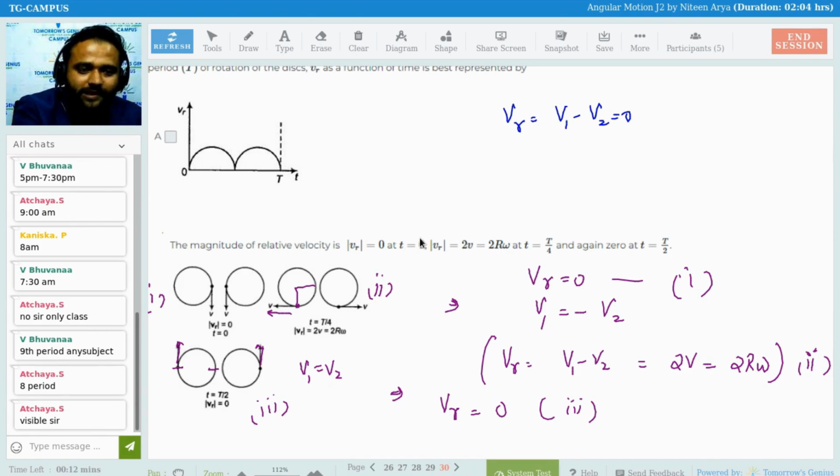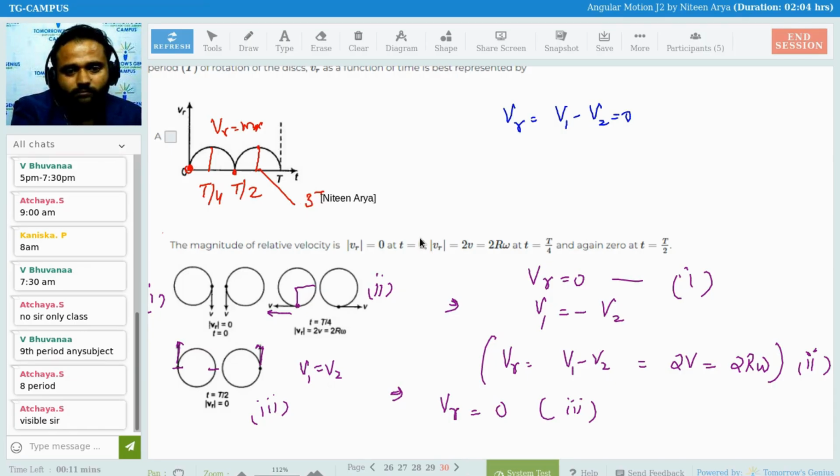As you can see, this function explains it. Initially 0. At T by 4, it is maximum. At T by 2, again 0. At 3T by 4, again maximum.